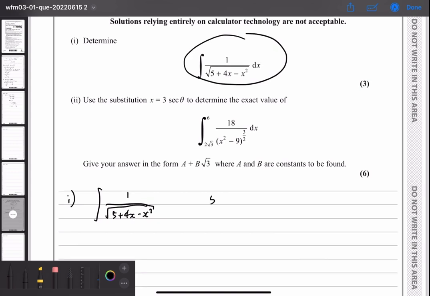So for part I, the integral of 1 over the square root of 5 plus 4x minus x squared. If I just focus on 5 plus 4x minus x squared for a minute, I never like a negative x squared, so let me write that like this.